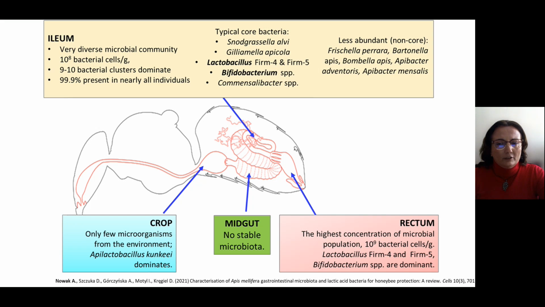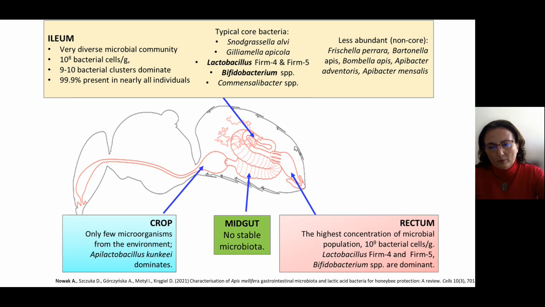Despite unfavorable conditions in the crop, we can find here the lactic acid bacterium Apilactobacillus kunkeei, which dominates in this site. It forms here abundant biofilms.